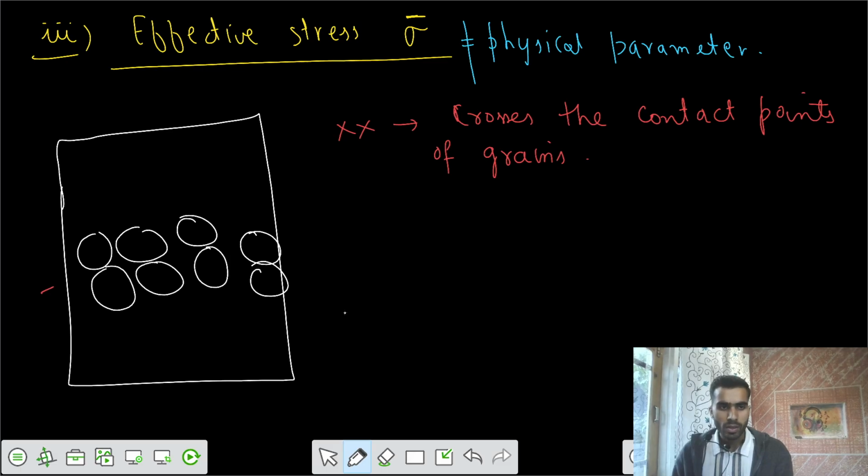Let's say that this is our cross section XX, and it's trying to touch those contact points. This is a wavy or curved section, depending on the orientation of those particles.